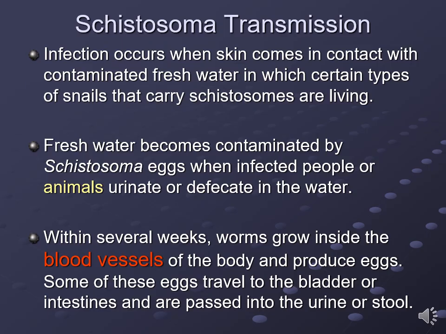Now, transmission, as I said, is by direct contact with infested waters like the Nile River. Rivers are becoming more and more polluted, maybe, and less habitable for snails, let alone the parasite itself, so we don't know how heavily infected the waters are.